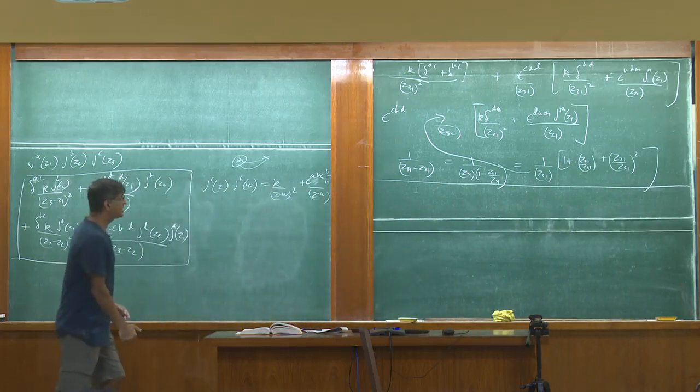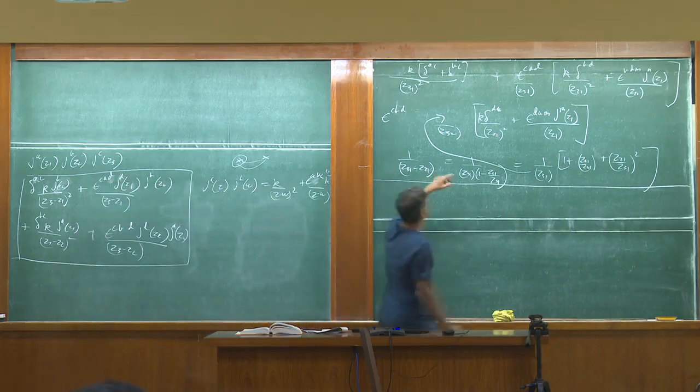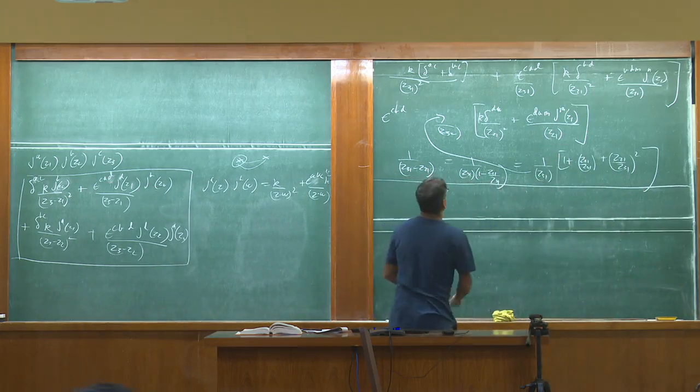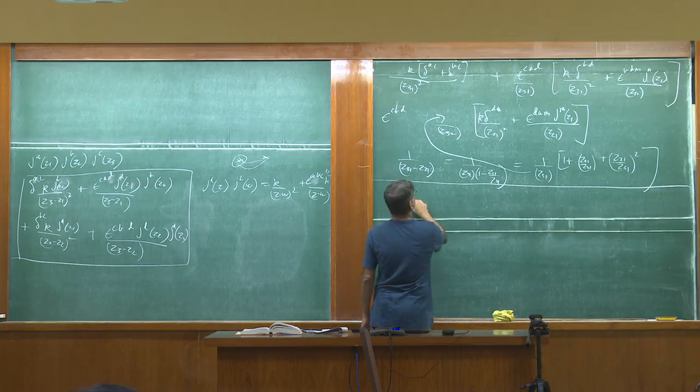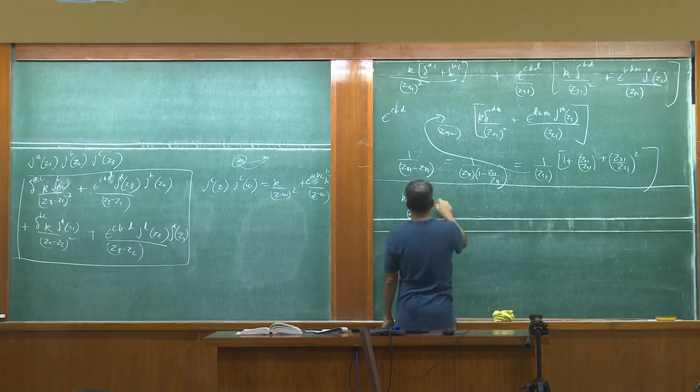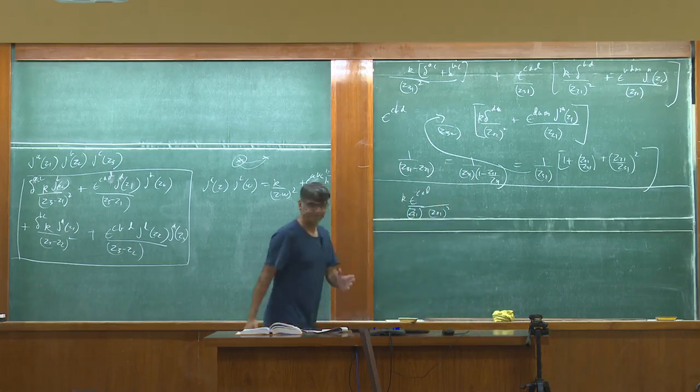So let's look at the constants that come from there. That was just epsilon CAD over Z31 into k over Z21 the whole thing squared. Nothing to do here, right?